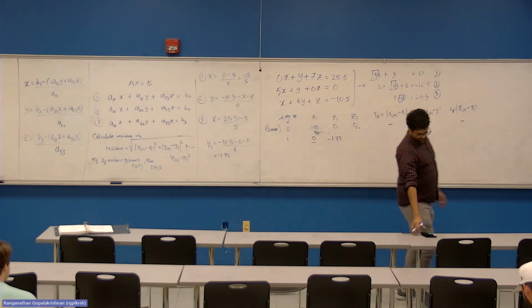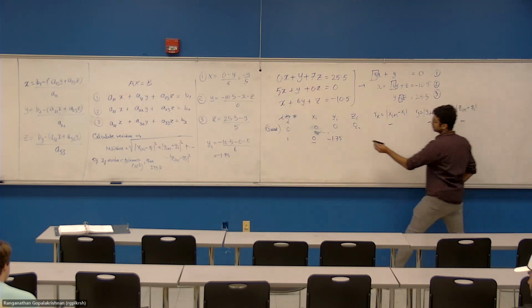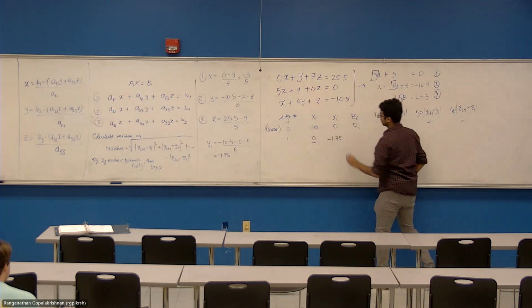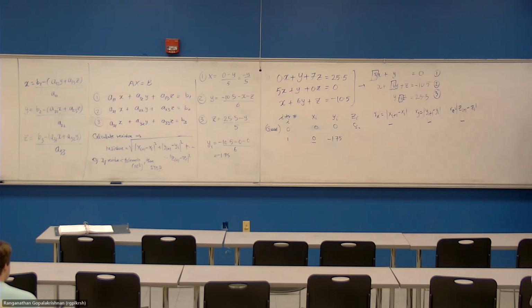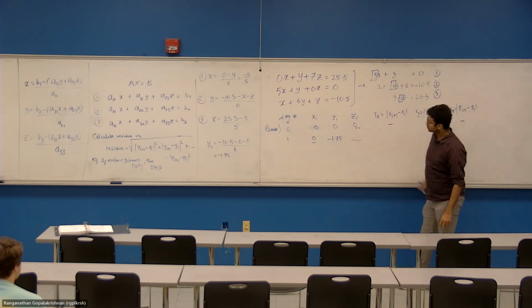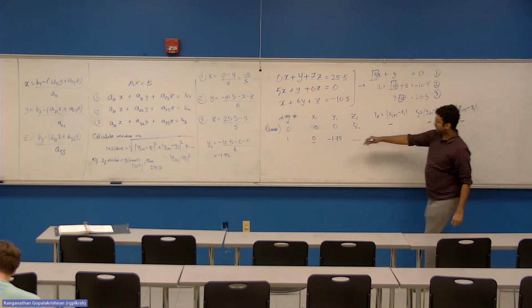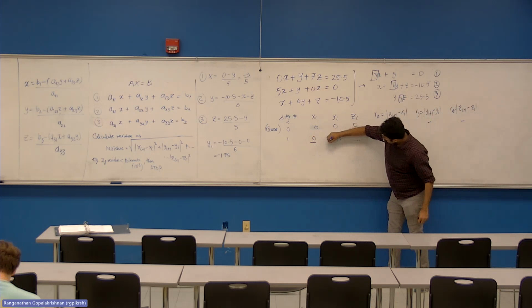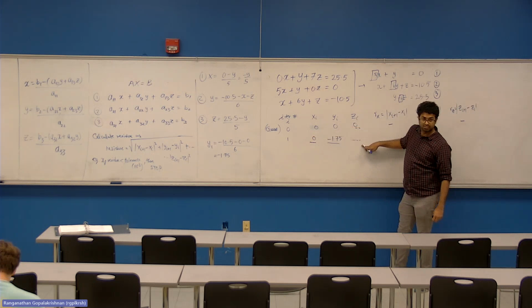Keep your calculator out. I'm going to need help. So what is z1? How do you fill out this spot? You'll take the latest available values of x and y to compute z, right?